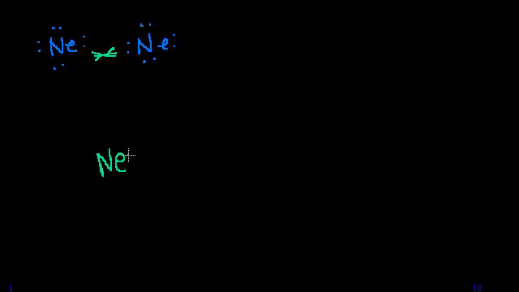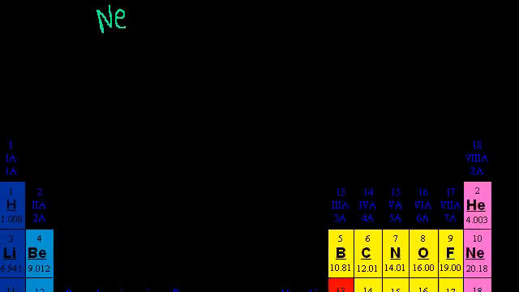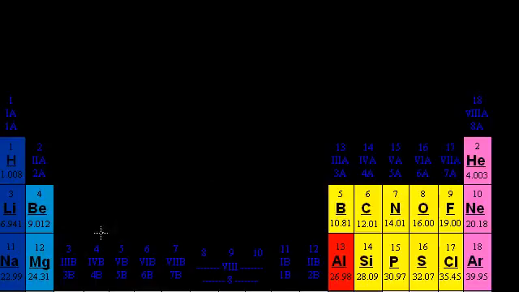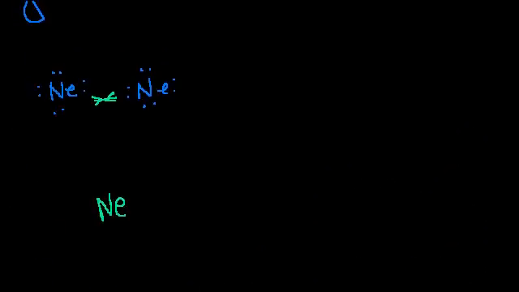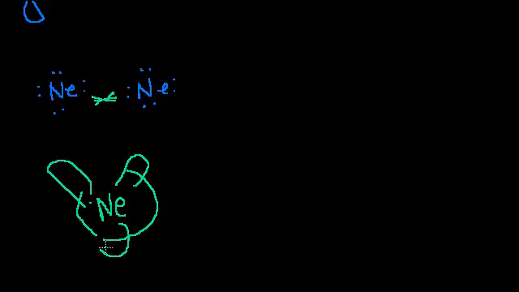Neon's atomic configuration is 1s2, and its outer orbital is 2s2 2p6. So it has the 2s shell, the 1s shell inside of that, then it has the p orbitals. The p orbitals look like that in different dimensions.